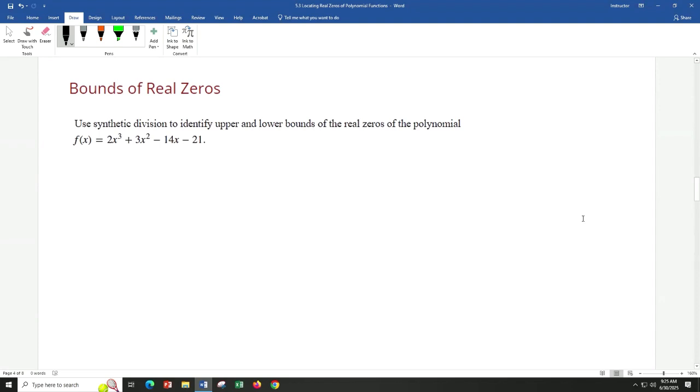I get a big list of numbers. Okay. What if I could take those numbers and say this? Man, that's large. What if I could say, hey, I can guarantee there is no real zero, positive real zero above this number, and it doesn't go down below this number. I've at least bounded it to where maybe instead of having this huge list, I've only got to worry about this list.